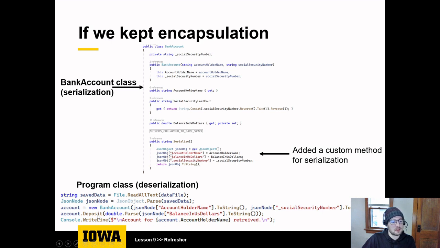So this is more complex, and I mean it requires you to duplicate the names of your properties in these hard-coded strings, and you have to do weird things in order to get your object back in the same state. So we have to call account.deposit to put that value back next time the program runs. Okay, so that's why we got rid of the encapsulation.